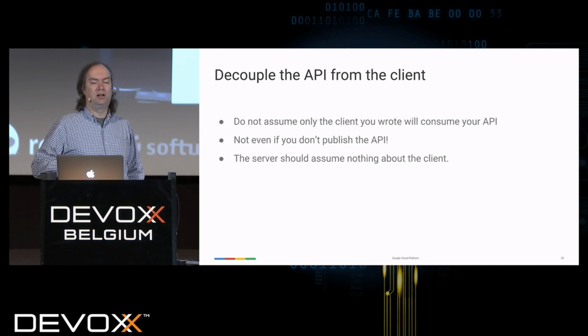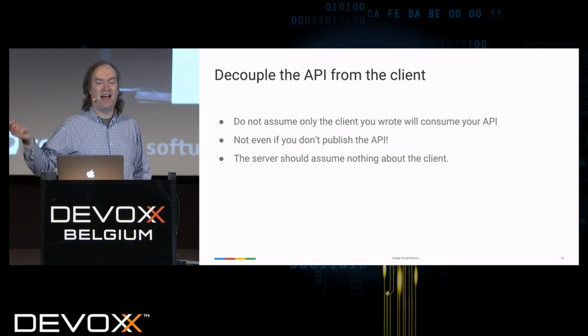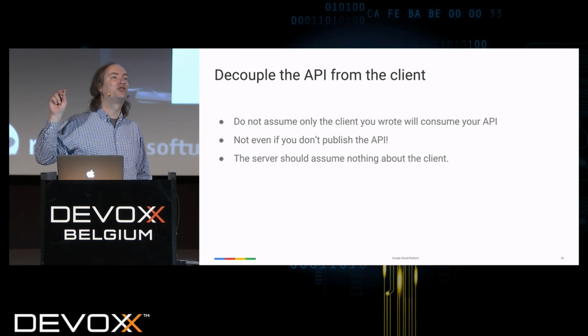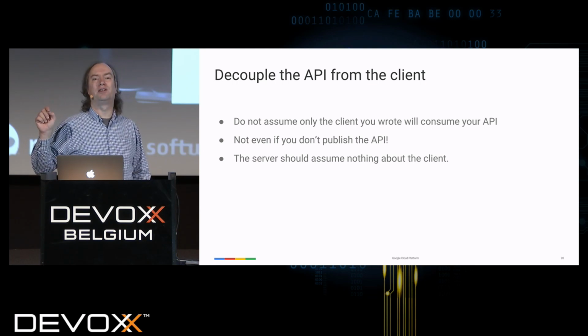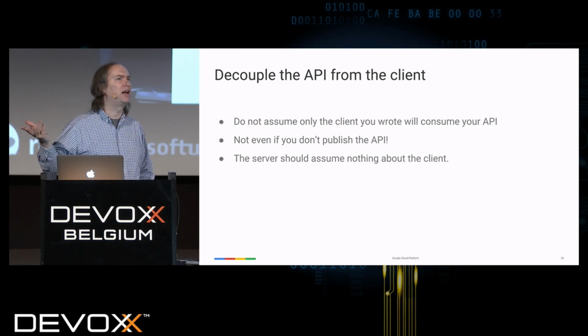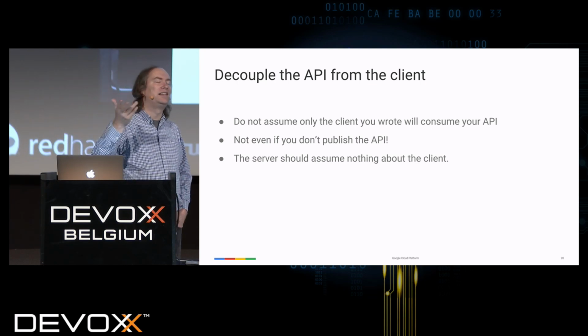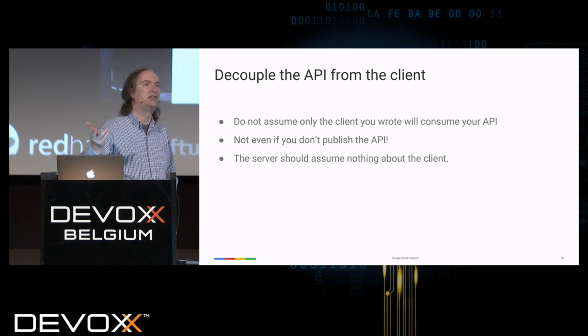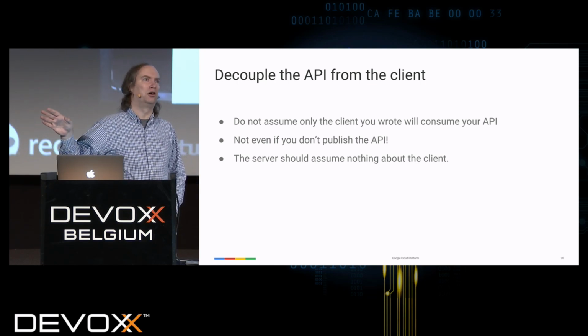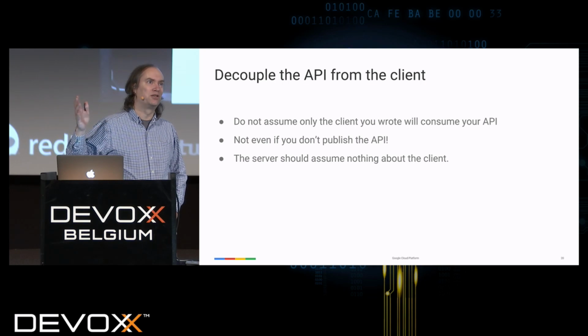Decouple the API from the client. Do not, I already said this. Do not assume only the client you wrote will consume your API, not even if you don't publish your API. People sometimes find it. Servers in general should assume nothing about the client. Don't check referrer headers, for example. Don't assume it. This is a mistake we make inside Google a lot. We say, well, it's always going to be Chrome, because inside we use the Chrome browser. Well, no, actually.